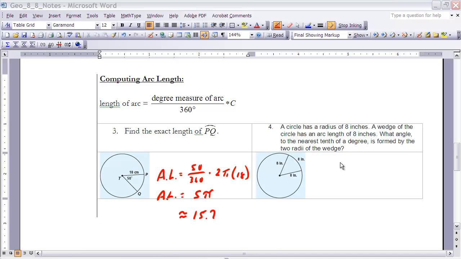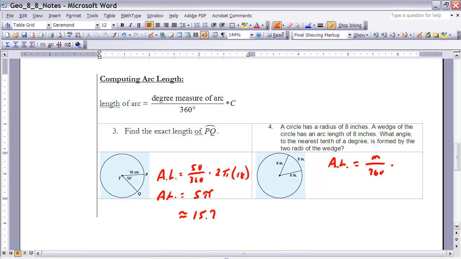Okay, finally let's take a look at number 4. It says a circle has a radius of 8 inches. A wedge of the circle has an arc length of 8 inches. What angle to the nearest tenth of a degree is formed by the two radii of the wedge? So if that's the case, let's use the arc length idea to solve this. Arc length is equal to the measure of the angle over 360, multiplied by the circumference.